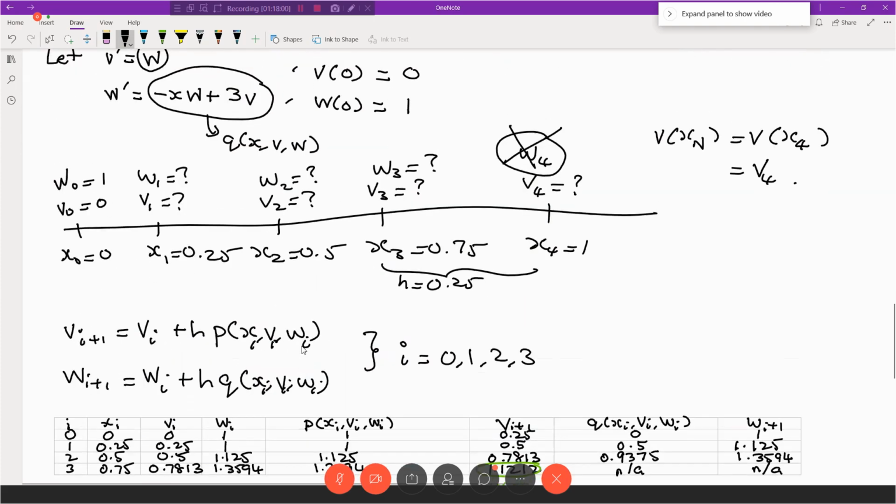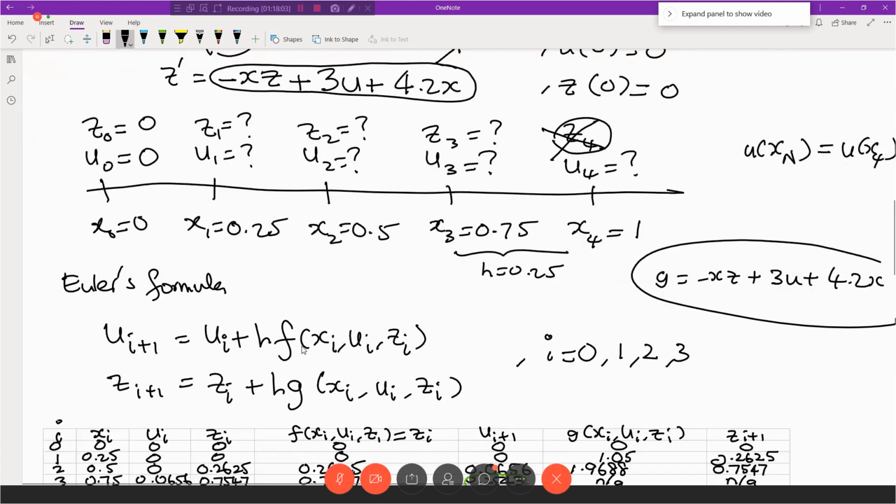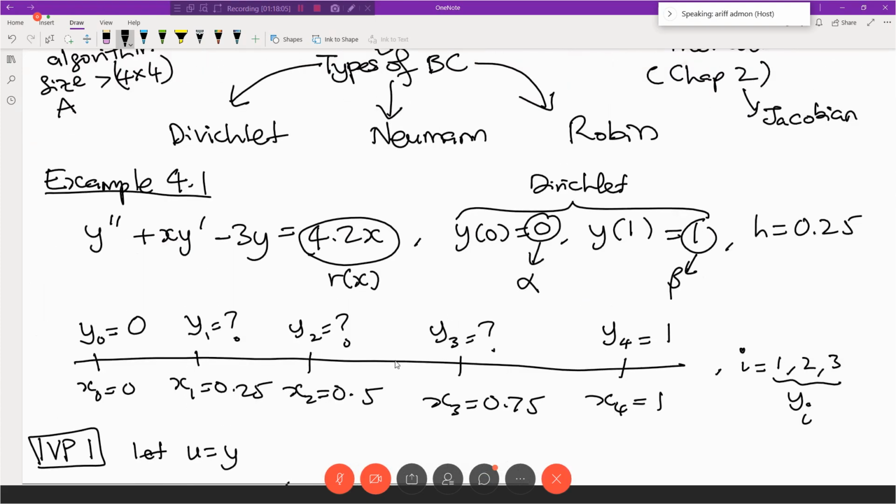But do we need to find all i from 0 until 4? No. Look back. This is your original problem. This is what we need. This is the only i that we need to consider when we want to find the values of solution y.